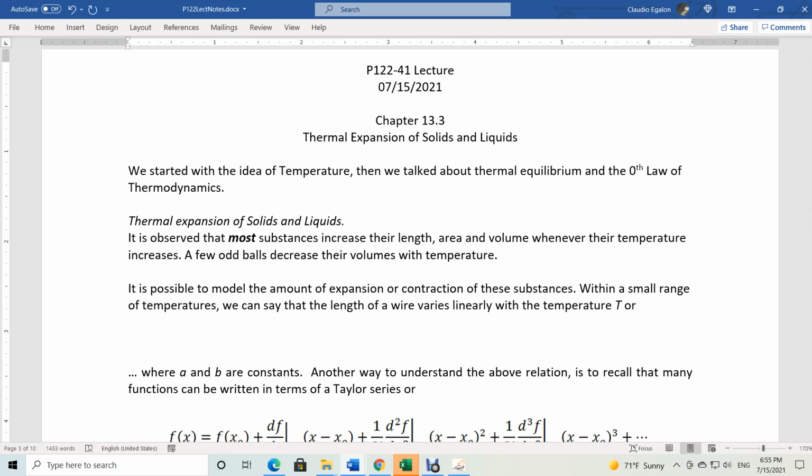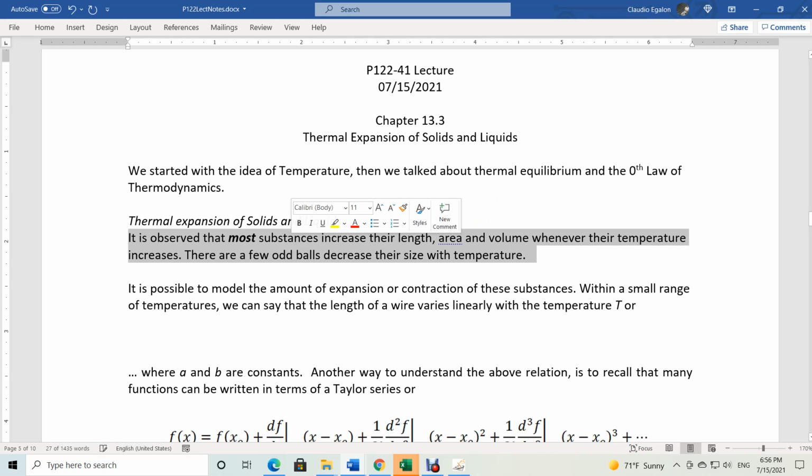Remember, I said most, not all of them, okay? There are a few oddballs out there that decrease their volume, that decrease their size with temperature. But most of them should expand as temperature increases.